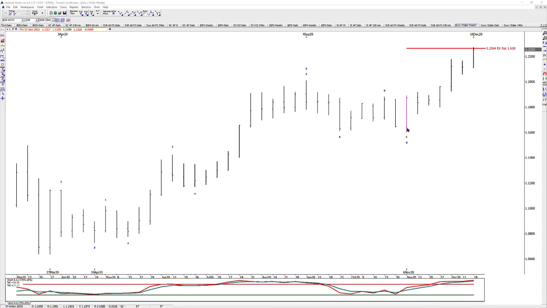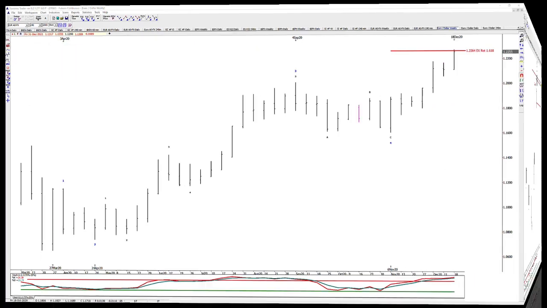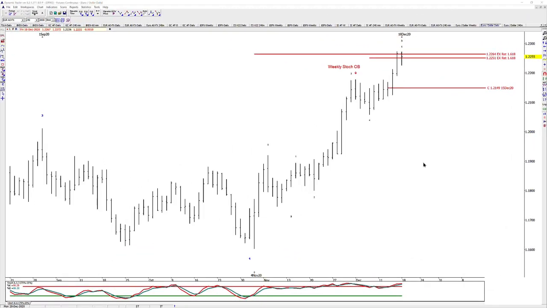Our whole focus now is going to be on identifying this last advance, this probable wave 5 on the weekly chart coming up from early November, because if we can identify the end of this probable wave 5, then we have identified the end of the 5-wave impulse trend going back about 9 or 10 months. So that's pretty significant. So here's the daily data right up to the time period that we showed on the weekly chart.